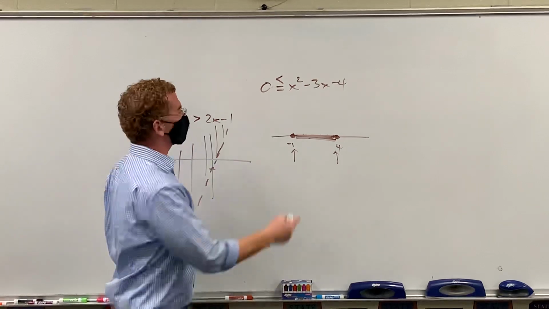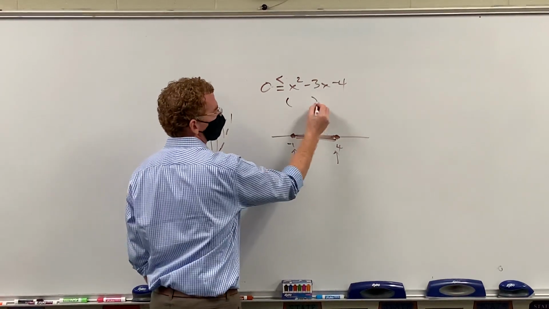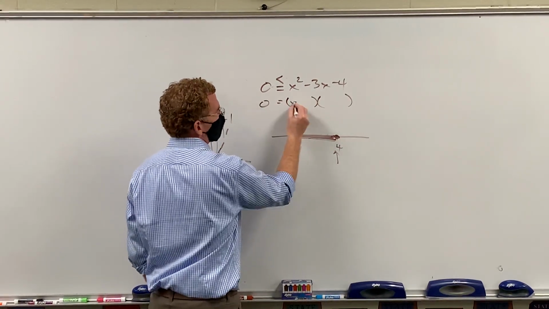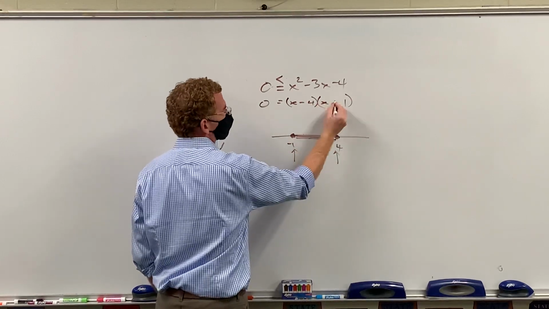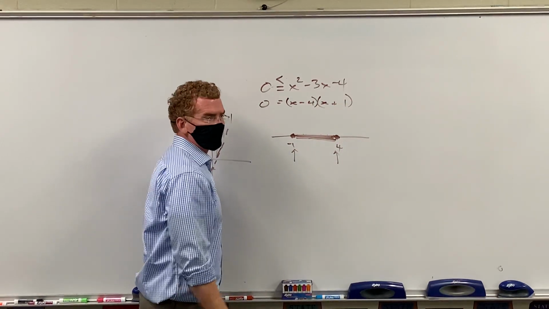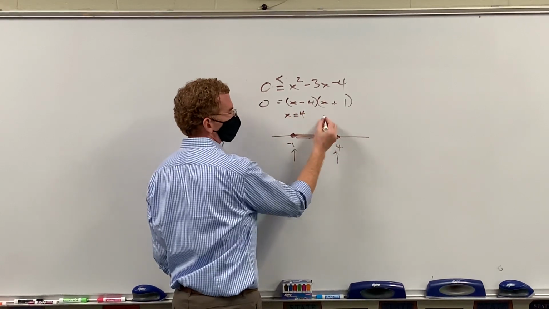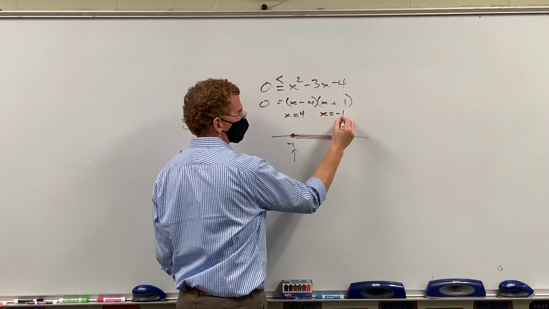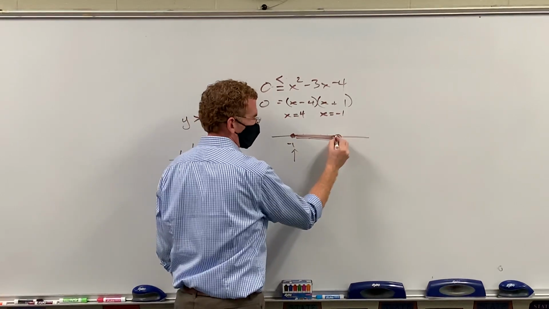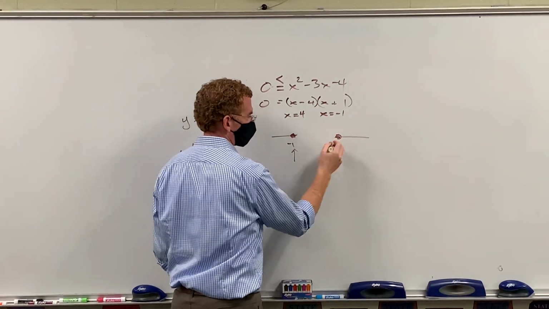How do you find out where a function is equal to 0? You factor it. Then you set these equal to 0 and say, oh, that's equal to 0 when x is 4. That's equal to 0 when x is -1. And you mark the 4 and the -1. That is the equal part.